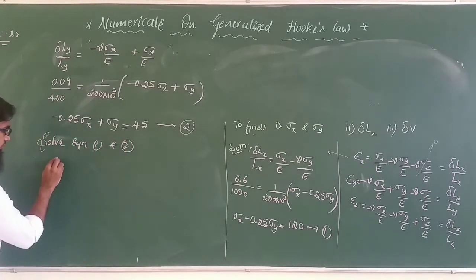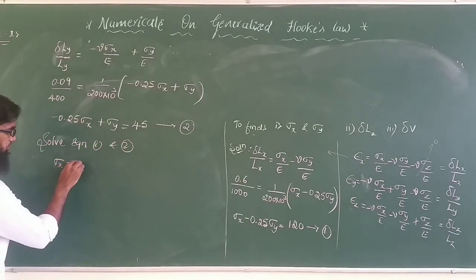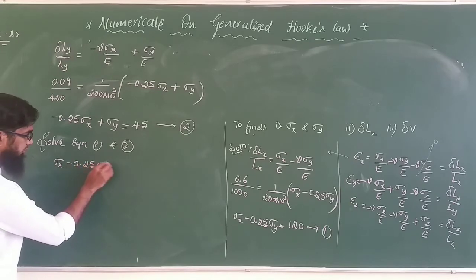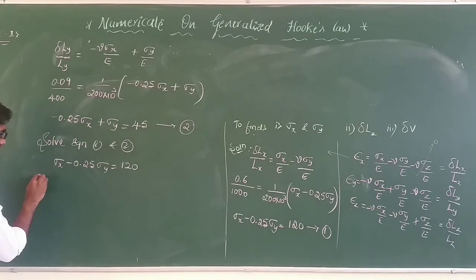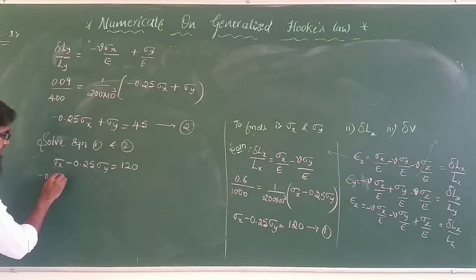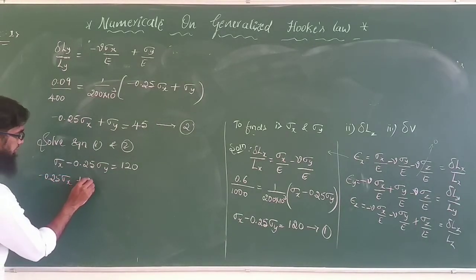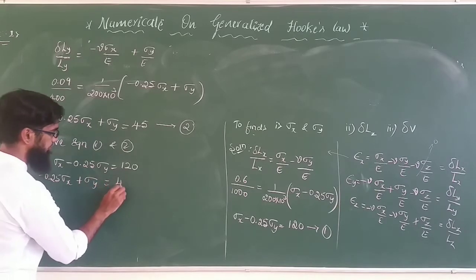So we get sigma x minus 0.25 sigma y is equal to 120, and again this equation, minus 0.25 sigma x plus sigma y, that is equal to 45.